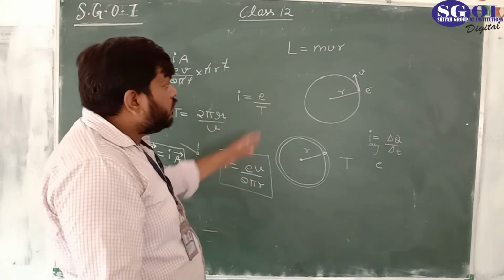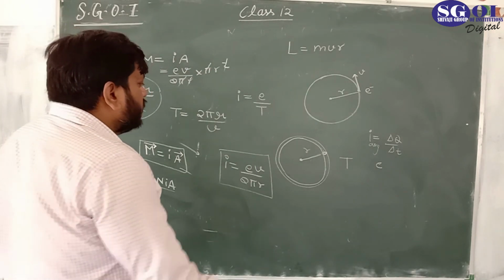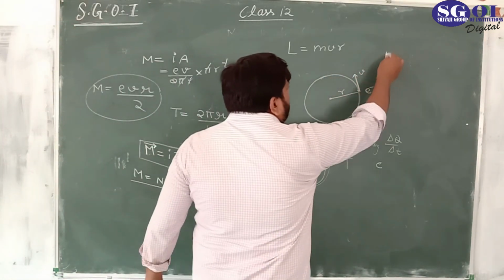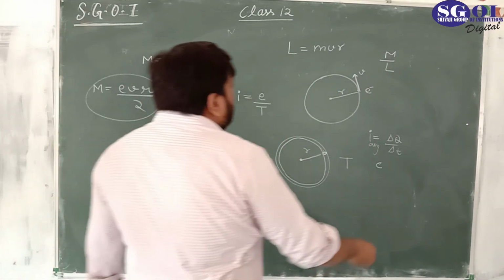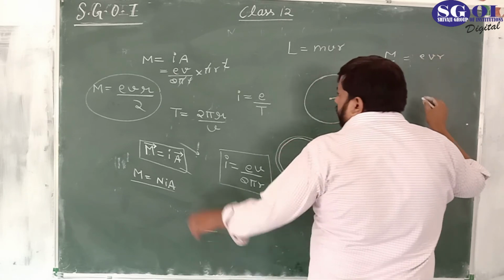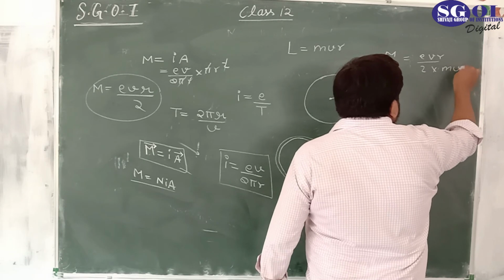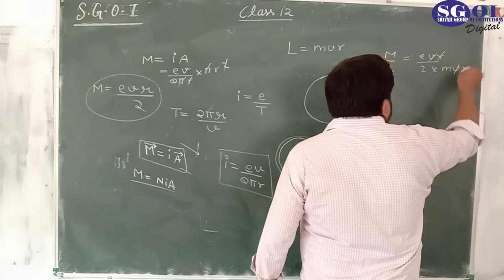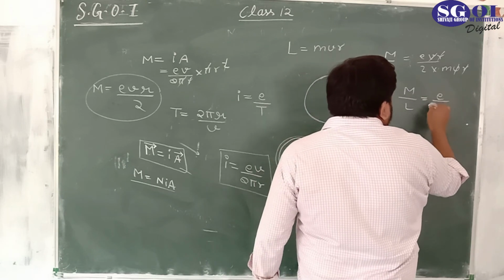So this is the angular momentum. We can also find the relation between m and L. If we divide these two equations, we have m by L equal to evr upon 2, and L is mvr. vr cancels out. So m by L equals e upon 2m.